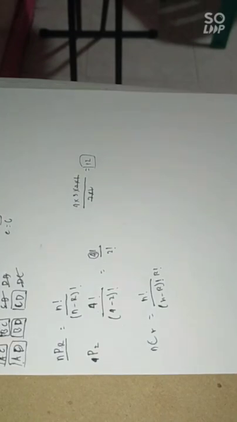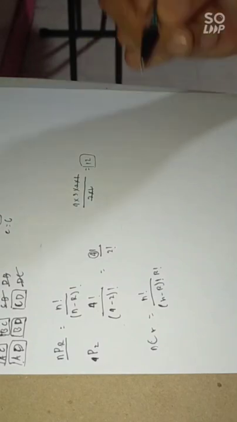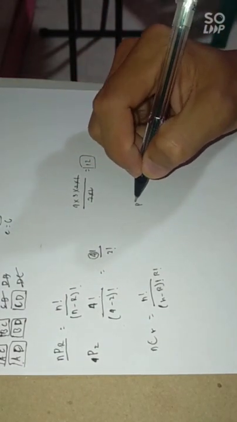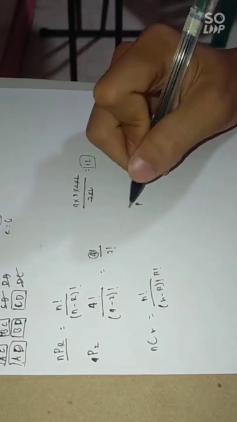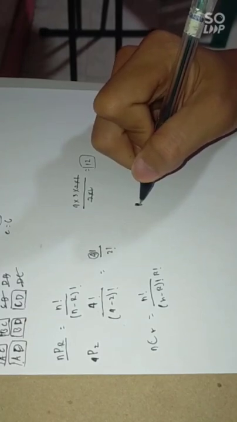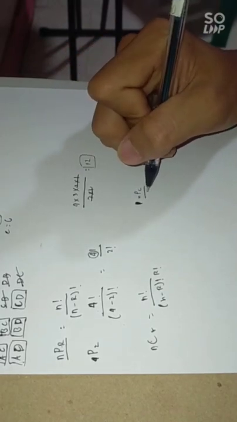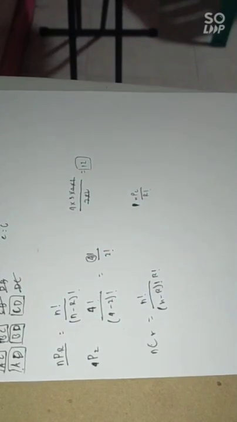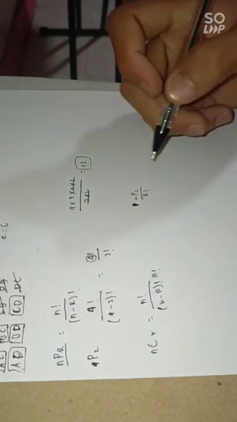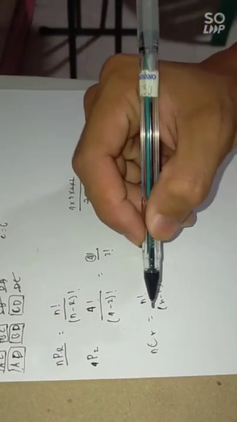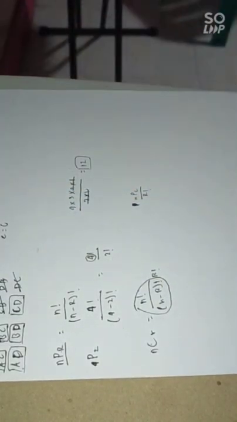So basically, in terms of permutation, combination is nPr divided by r factorial.